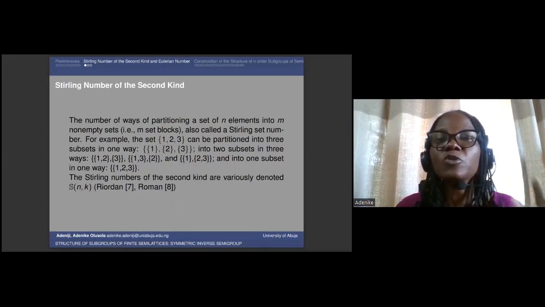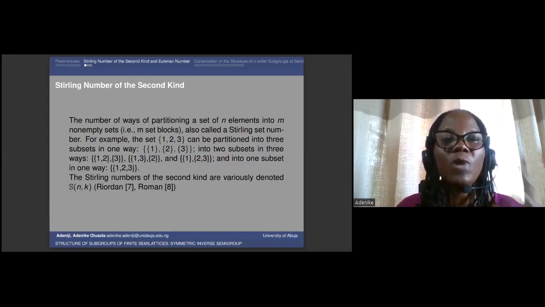If we want to partition into 2 subsets, we have it in 3 ways, as we can see here. And if we want to partition into 1 subset as an entity, it happens in 1 way. And this is discussed by Riordan and then Roman.